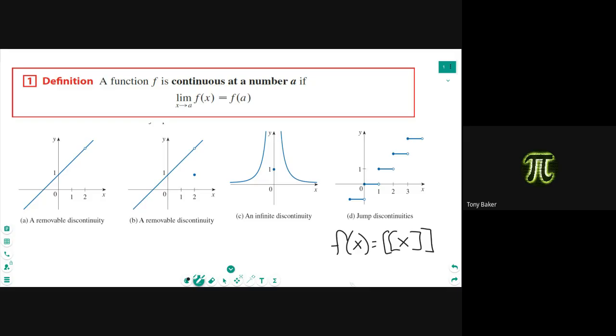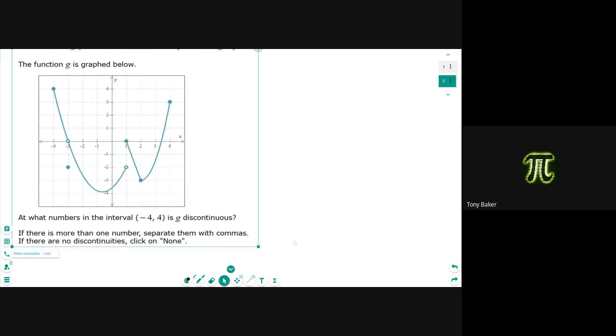Let's look at some graphs. So here's a function, here's a graph. What numbers in the interval from -4 to 4 is g discontinuous? So where are the discontinuities in this graph?